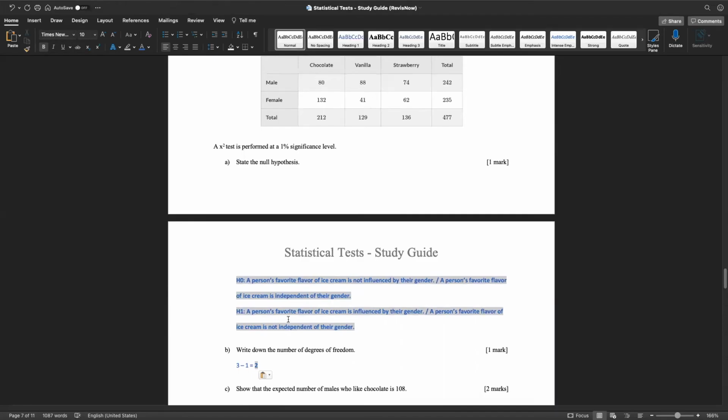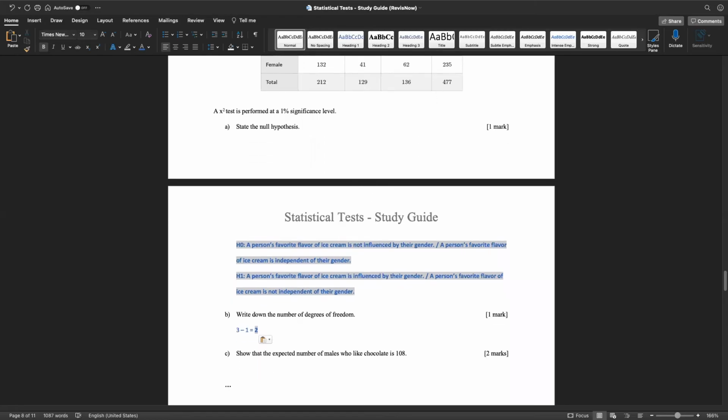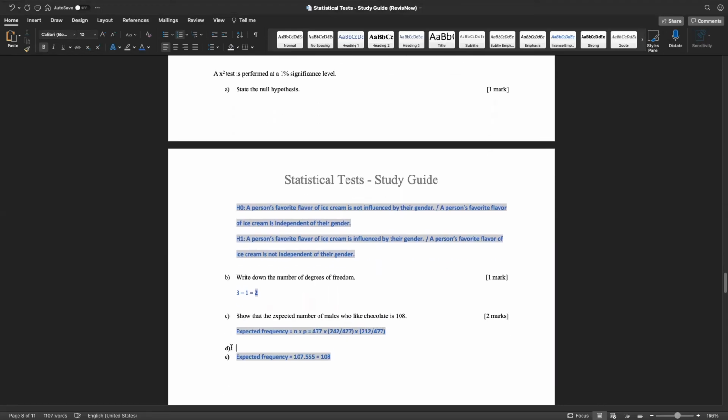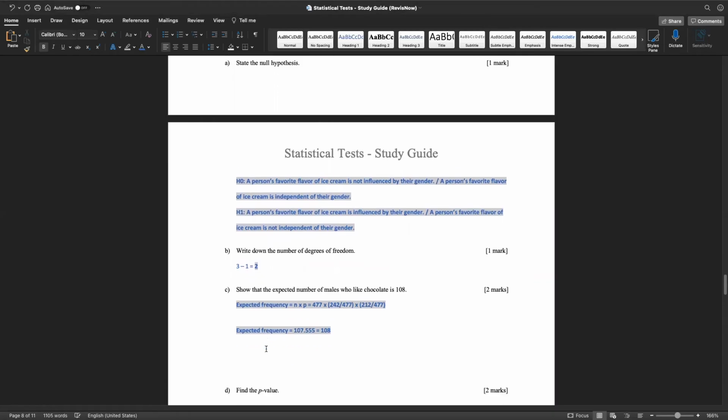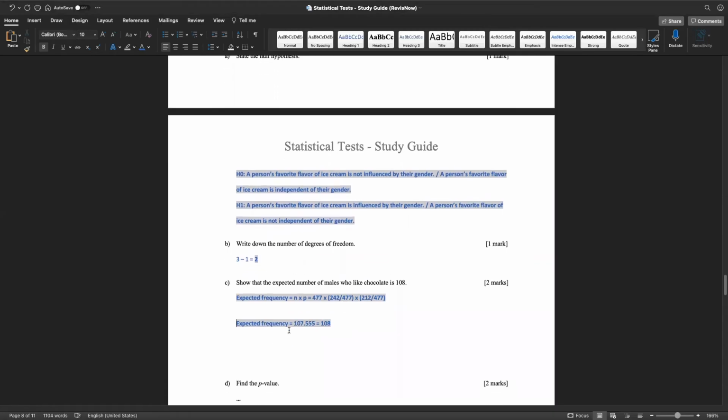And then you multiply that by chocolate, so 212 over 477. Let me put that on the document so you guys can see it. Then if you put it in the calculator, you should get 107.5 repeating, and that would round up to 108.